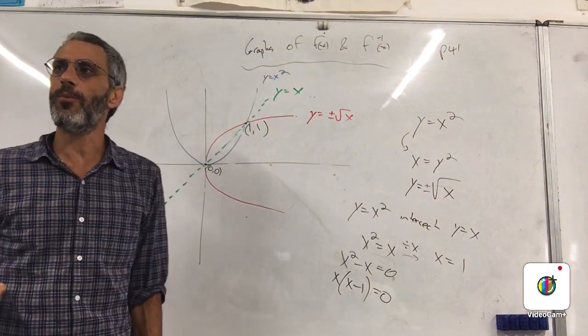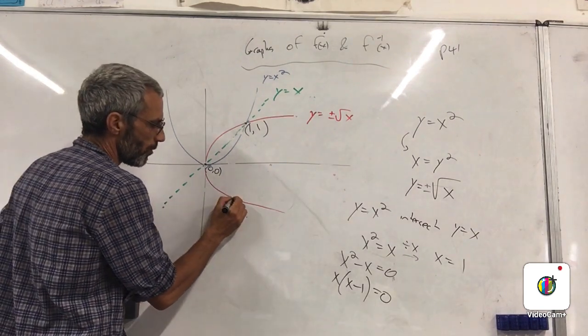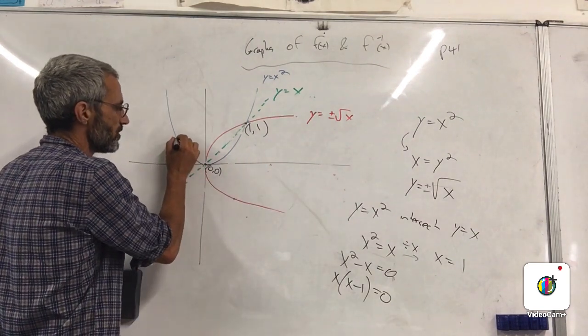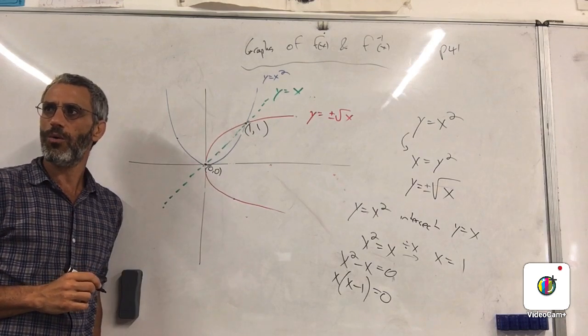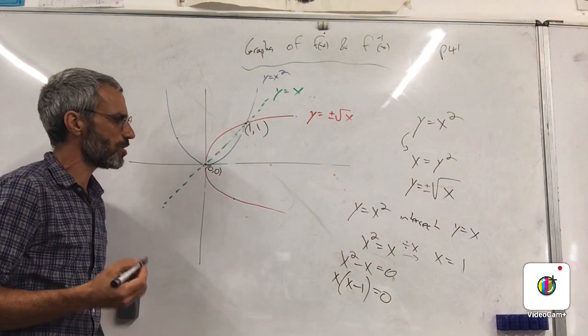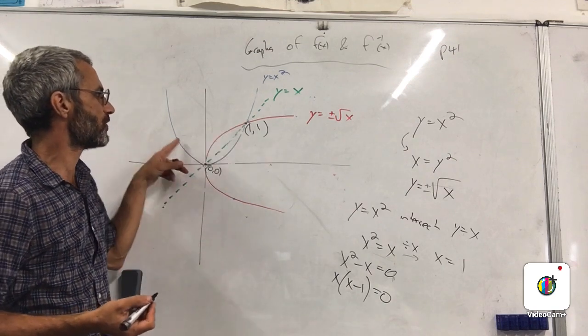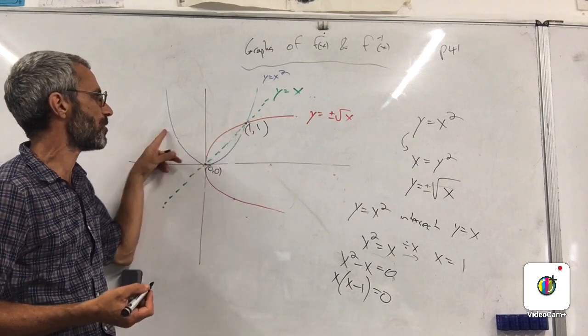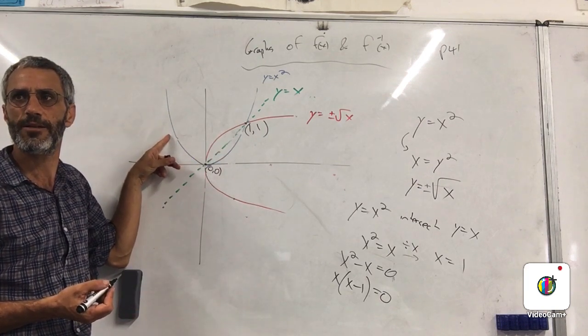But looking at the book, to get full marks it looks like we also need 2 more points. Any 2 points, it doesn't matter. Let's look at the blue. Obviously we have a point on the positive, so we want a point on the negative. Which x do we take?